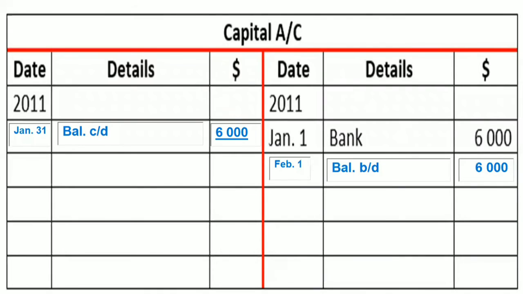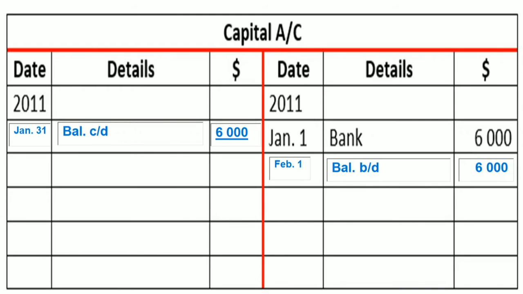And basically, the capital account, because the balance brought down falls on the credit side, the account carries a credit balance. So you can use the balance brought down to determine whether the account carries a debit balance or a credit balance. So in this case, because the balance brought down is on the credit side, the account carries a credit balance.